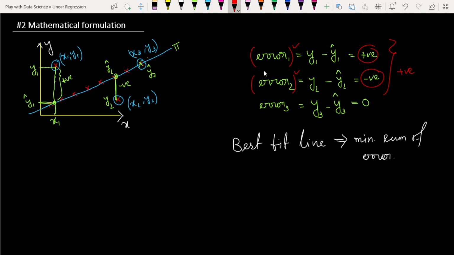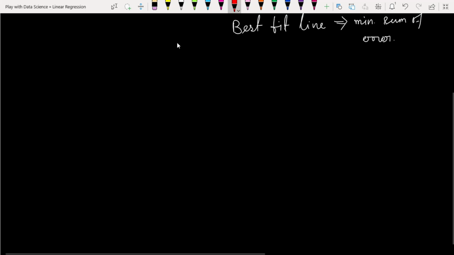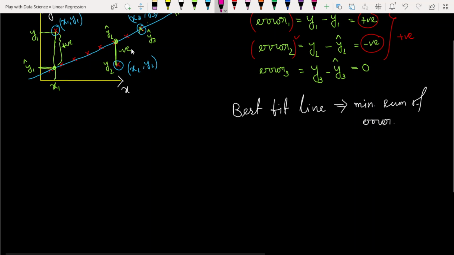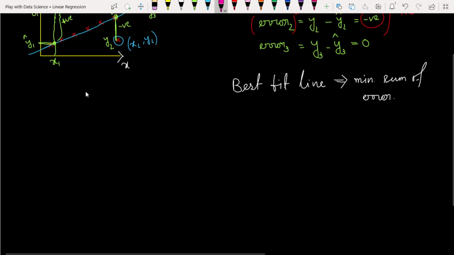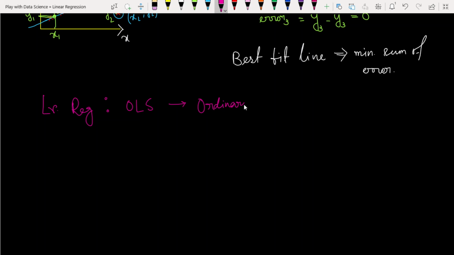This is what we call OLS, the ordinary least square method in linear regression, or simply LLS, linear least square.